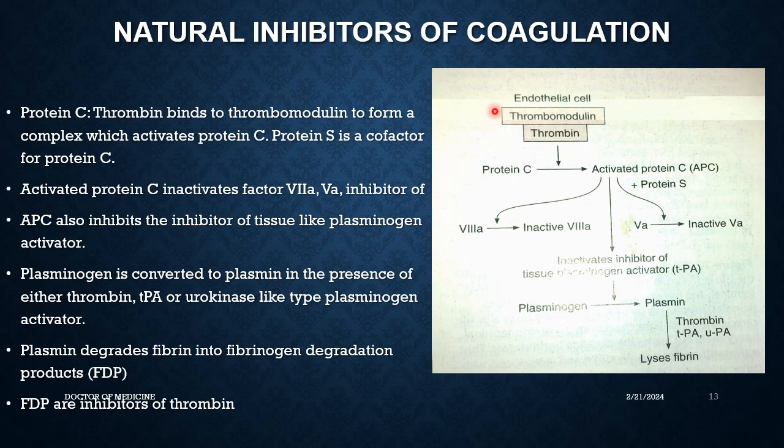All right, so other natural inhibitors include what are called protein C. So protein C is formed in the following way. The mechanism is triggered by thrombin.